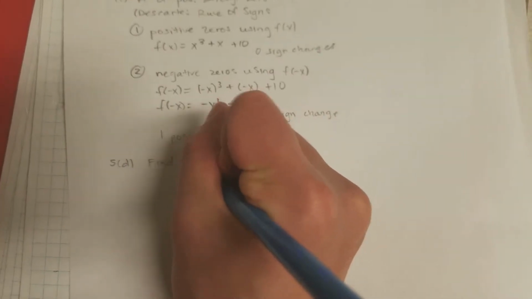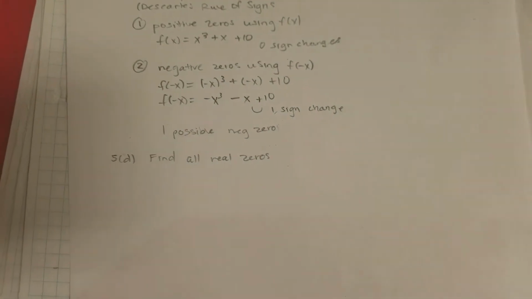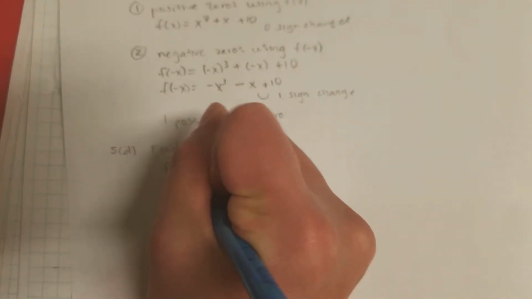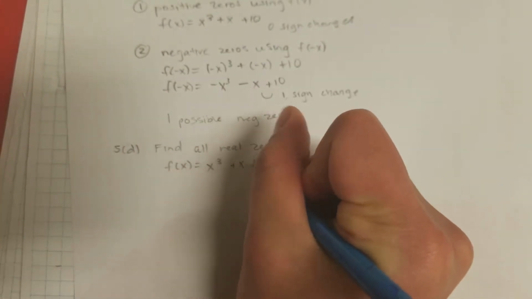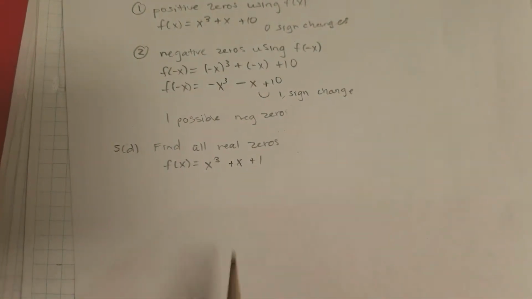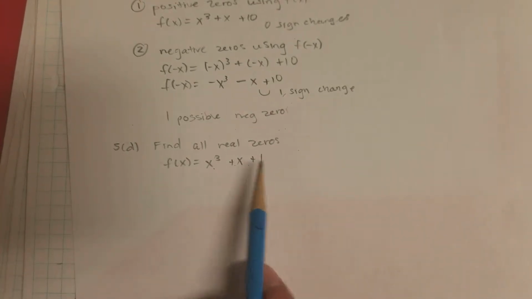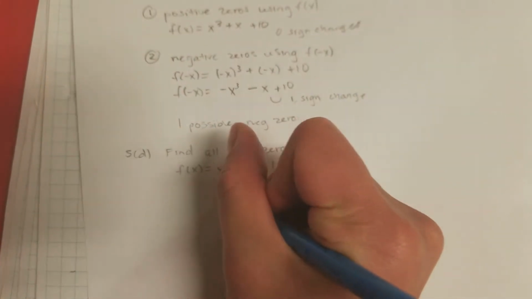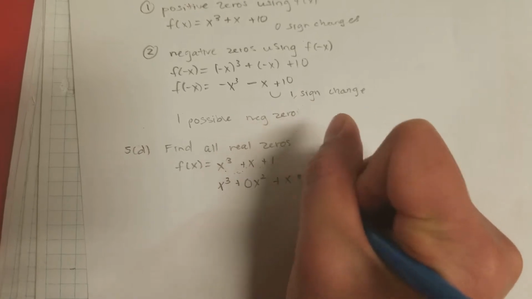Find all real zeros. And to do that, we want to factor, if possible, right? So we're going to take this f of x equals x to the third, the original function, plus x plus 1. But you notice we have an x to the third, we have no x to the second, we have an x, and then we have a 1. We need to represent that when we go to do synthetic division, so we're going to do x to the third plus 0x to the second plus x plus 1.